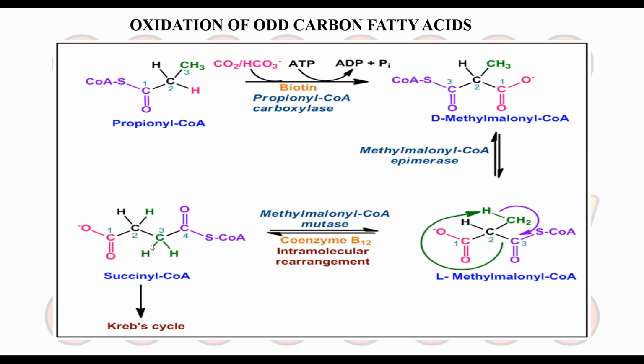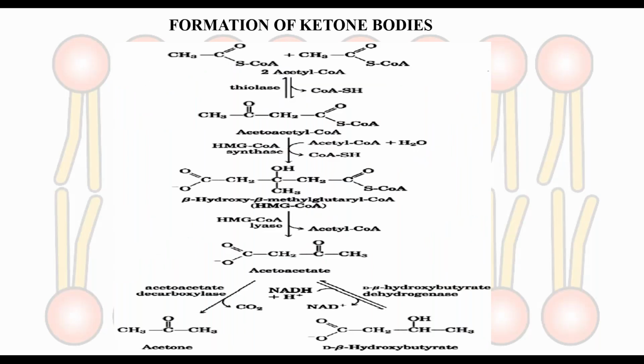These are the 3 different types of ketone bodies that can be formed from the oxidation of fatty acids, and they also enter the TCA cycle, or in some form they are able to give you energy by entering the blood.